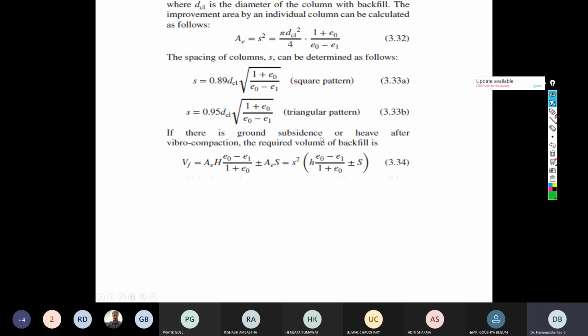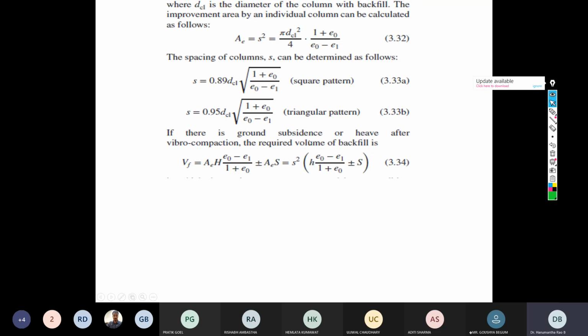Now, if there is a ground subsidence or heave, because a small heave or subsidence is inevitable after the vibrocompaction, let us try to correlate the subsidence or heave with the spacing. That is what has been done here.